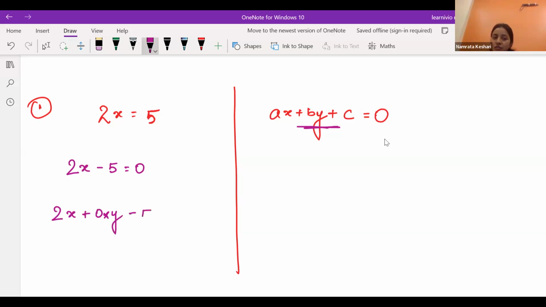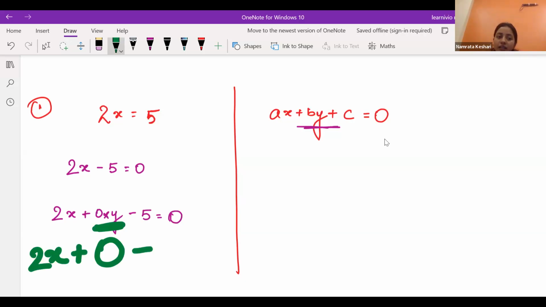We are just doing one arrangement, the type of arrangement I did in that real-life scenario. You can understand 0 into y is completely 0. 0 multiplied with anything is 0, and 0 added to anything is again the same thing. Getting it?